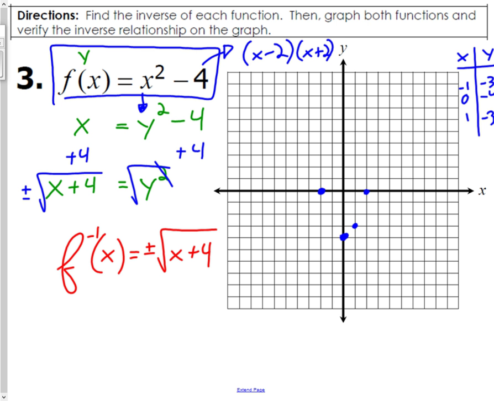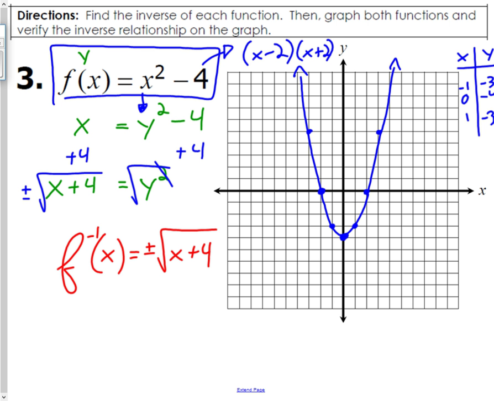Or, you could always just use your calculator. We all have graphing calculators, so you can use that y equals option to get a few points that way. However you choose to get points, again, I know we haven't used a whole lot of quadratic graphs recently, but however you need to find those points, go for it. Feel free. Once you have some points, go ahead and connect them with a nice pretty U.